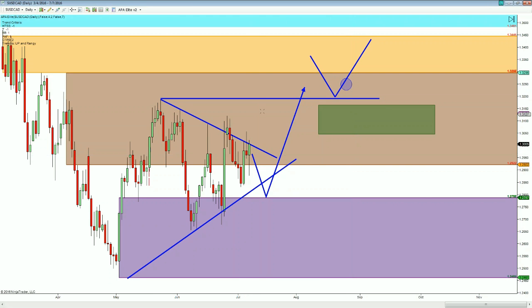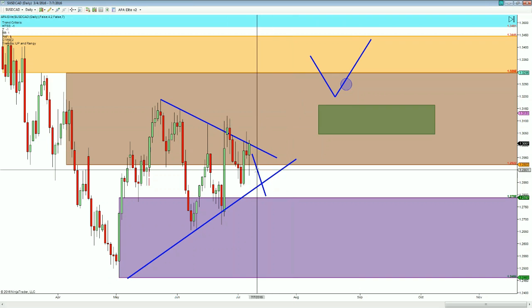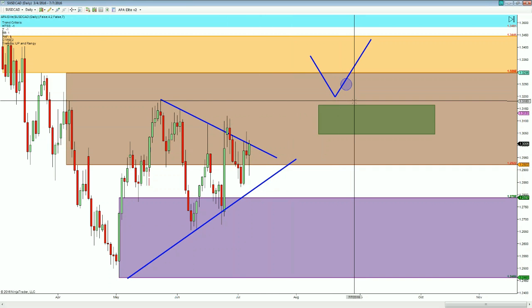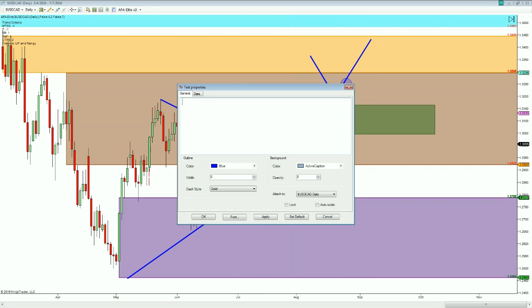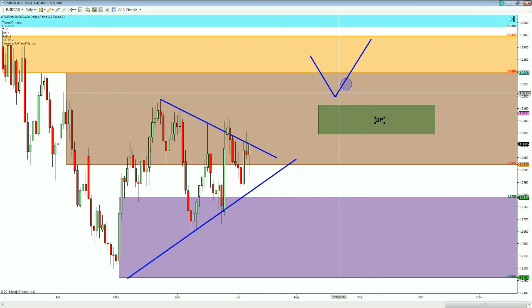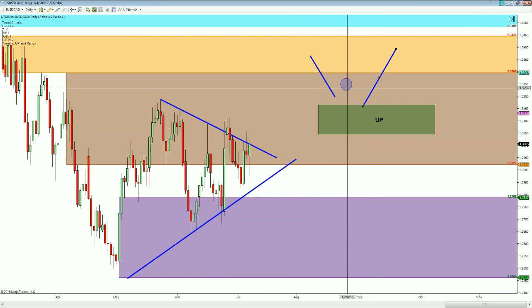Right now, as it's ranging in between these two multiple hit zones, it doesn't make me very excited about doing anything, okay? So I'm going to take off some of these drawings just so that it's a little bit more obvious, but we're just going to say the upside, I'm looking for a play outside of this area, or maybe a retest into this area, and then we're going from there.